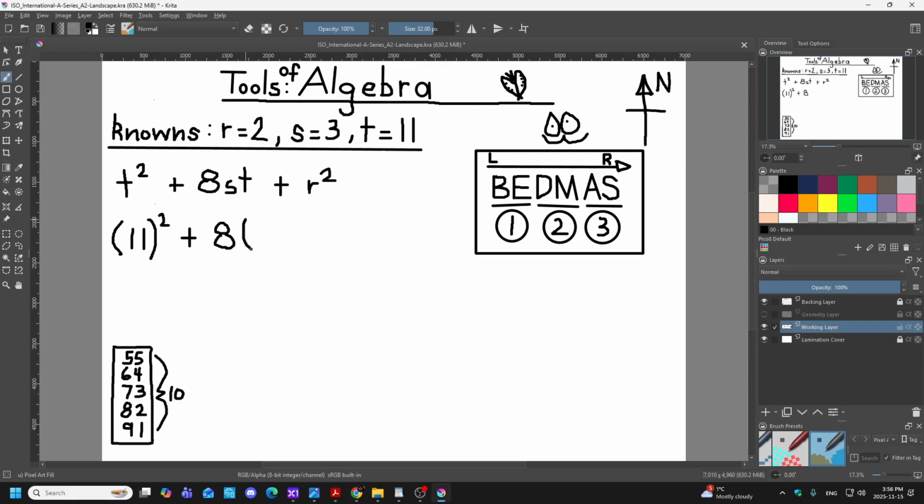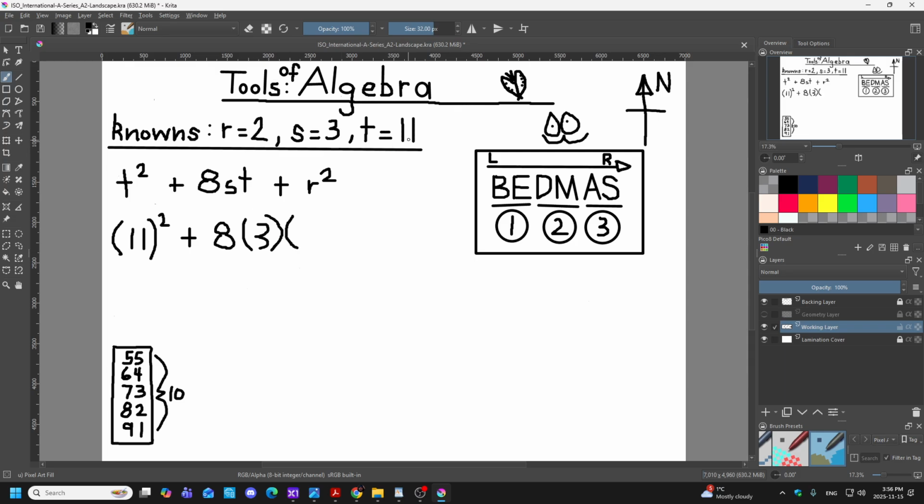Since we are multiplying, I can use rounded brackets again. Wherever there's an s, put in the number 3. And don't forget your t. I can use brackets again.